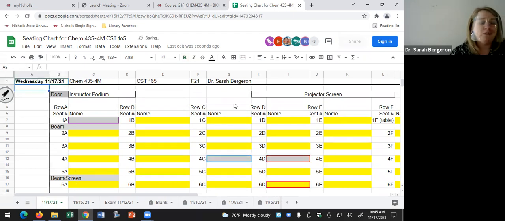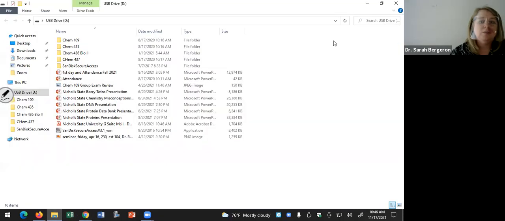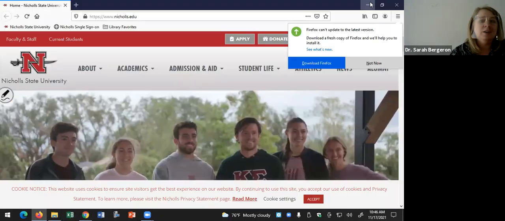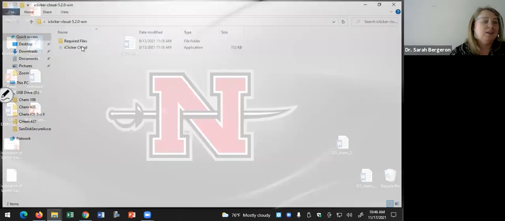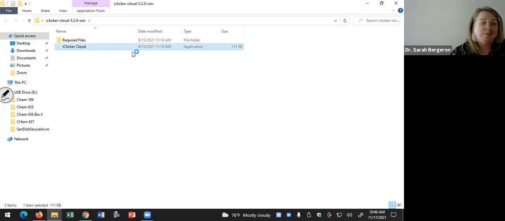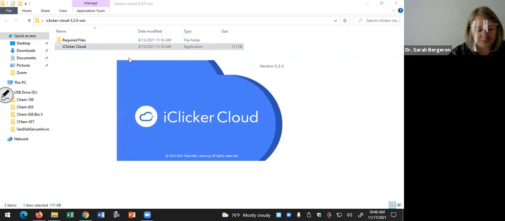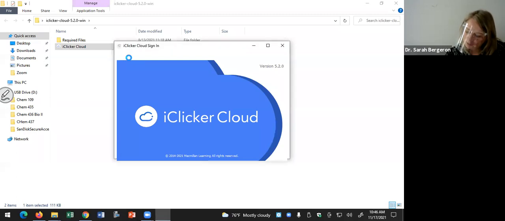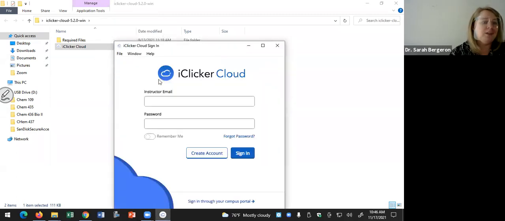Okay, so you can go ahead and do your seating chart. Let me put in iClicker. I know I haven't done that yet. I'm like a minute or two behind today. Just one or two. Okay. I think we ended on disaccharides, right?